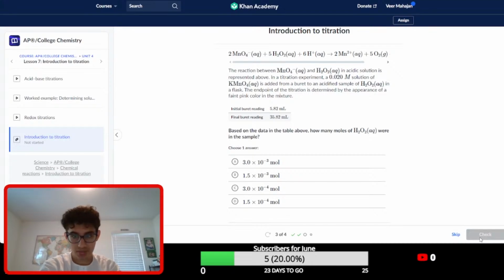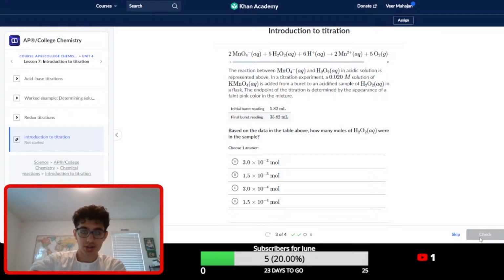So first of all, that 30 milliliters that have been added, right? That's the difference between the final and initial burette readings. So 30 milliliters, I should write this down. 30 milliliters needed of what?